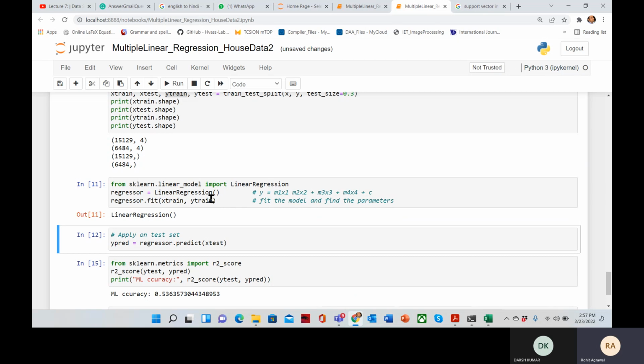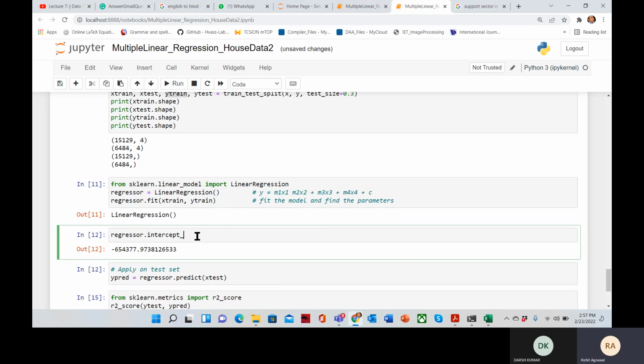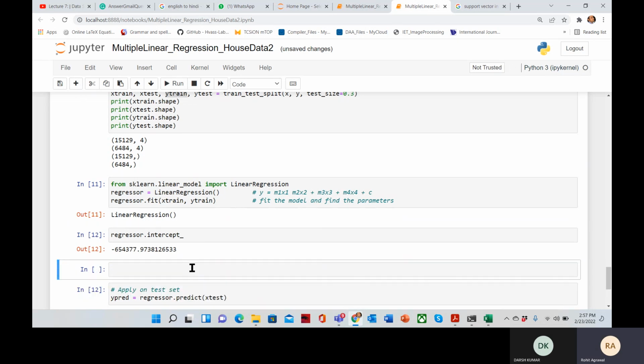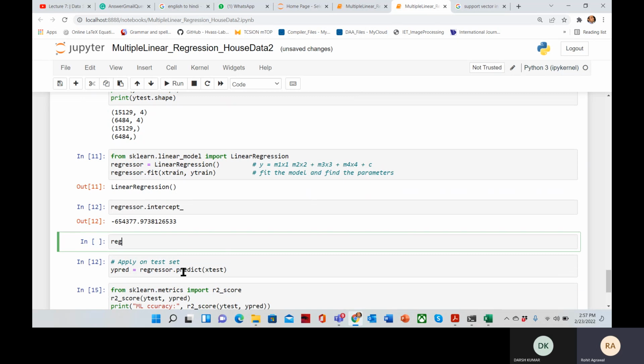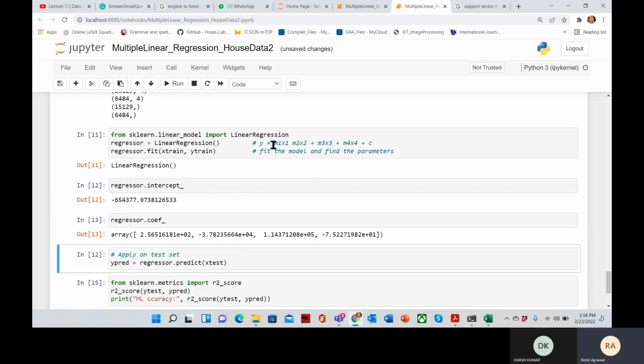Our model is ready. If you want to see, we can see regressor dot intercept, which gives you the c value, and regressor dot coefficient, which will be your 4 m values, m1, m2, m3, m4.